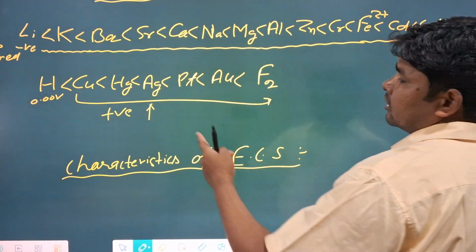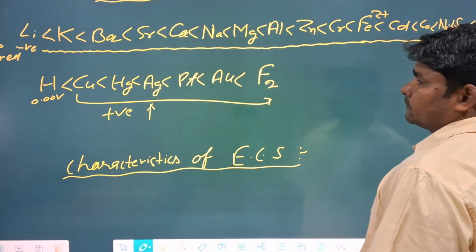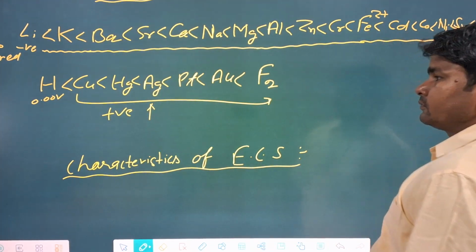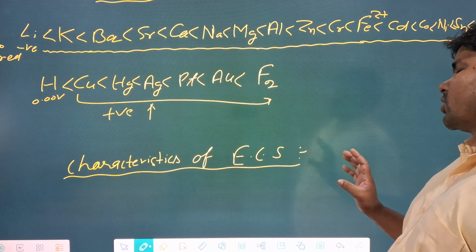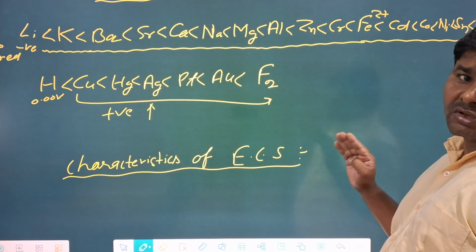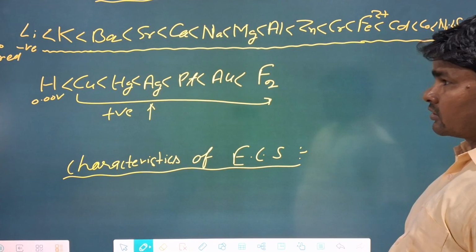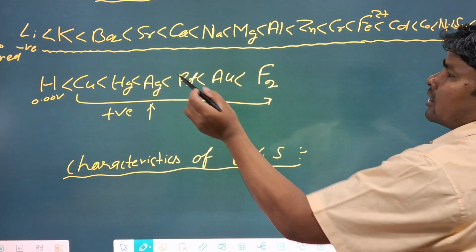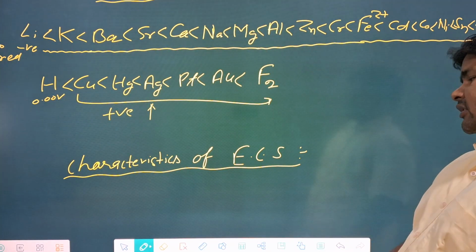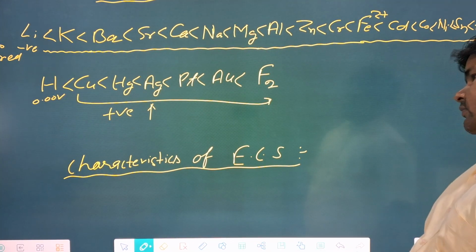As the value of reduction potential increases, the capacity to gain electrons increases and the capacity to lose electrons decreases. That is, the reducing power of metals decreases and oxidizing power increases.